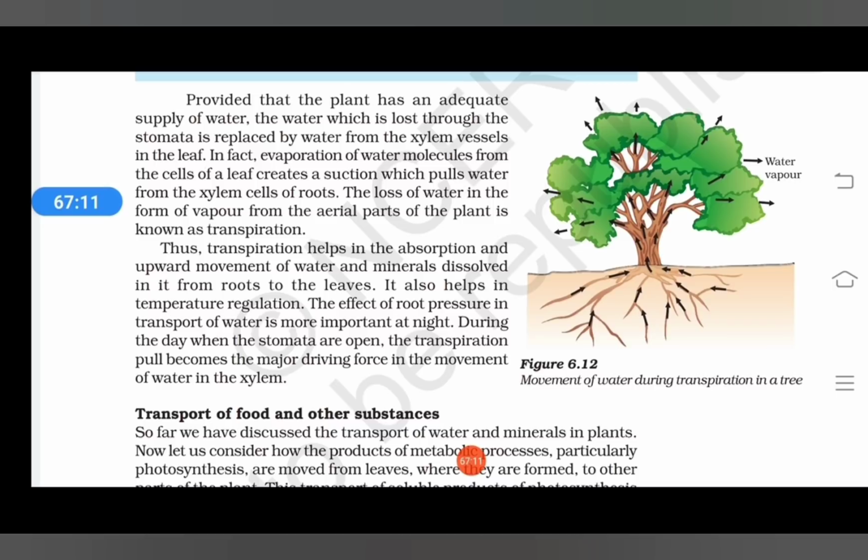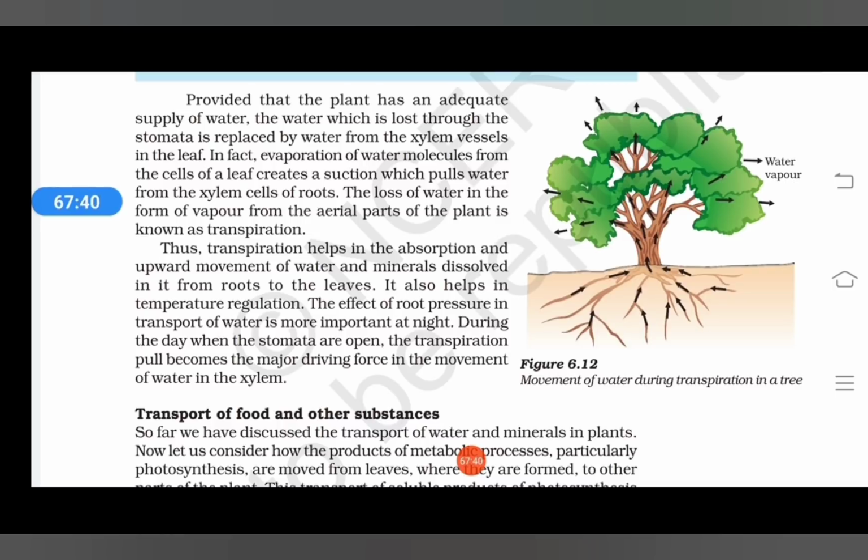See how the roots absorb the water and then it is moved upwards, and then the process of transpiration takes place in which water vapors are lost. Thus, transpiration helps in the absorption of water and movement in the upward direction.